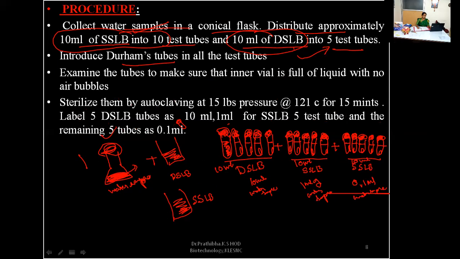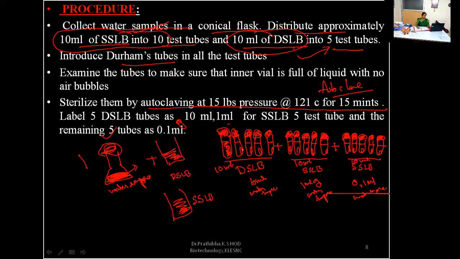Once the cotton plug is done, Durham tube inserted, and we examined that it is totally filled with the lactose broth, next, sterilize them by autoclaving at 15 lbs at 121 degrees Celsius for 15 minutes. By using which instrument? Autoclave, which works under steam and pressure and sterilizes this broth.